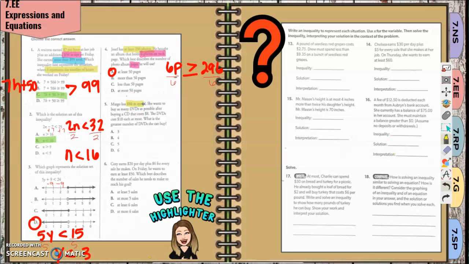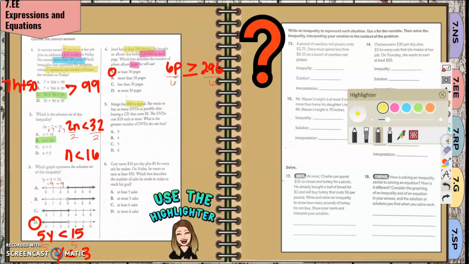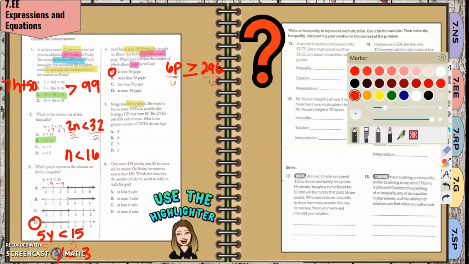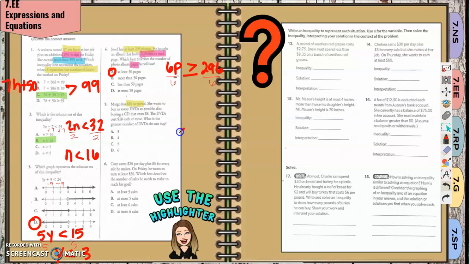So she can spend $80, but she can't spend any more than $80 because that's as much as she has. So I know that this inequality is going to wind up looking like less than or equal to 80 because 80 is her total. She could spend the 80, or she could choose to not spend all of her money and spend less than that. So it's going to be less than or equal to.